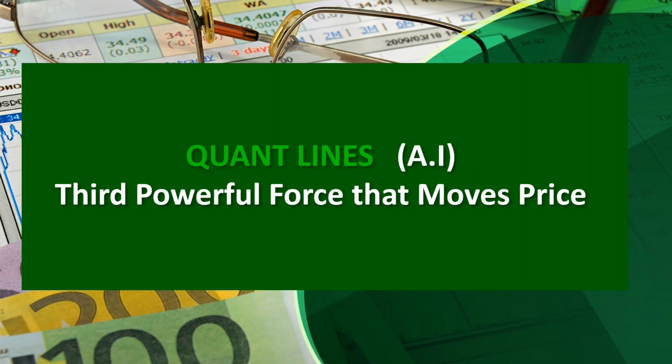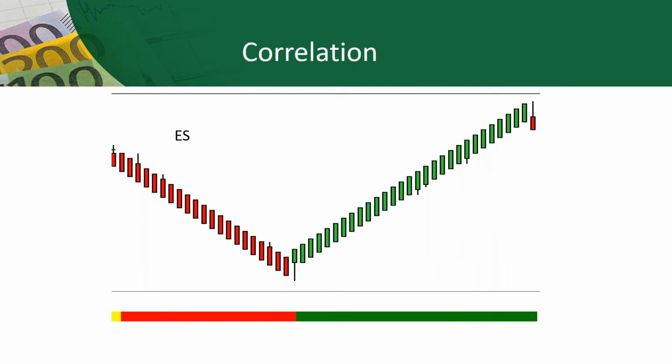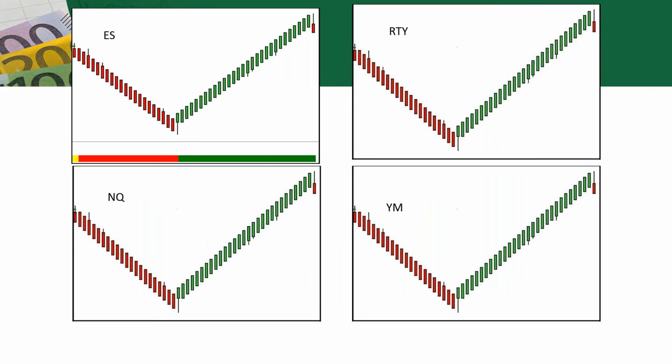Now we're going to talk about our quant lines, and that's the third powerful force that moves price. So what do our quant lines do? They examine 28 market components, and they're examined by our AI system for correlation. Most people know what correlation means. It's pretty self-explanatory by its name. So let's say you have the ES going up, the RTY going up, NQ going up, and YM going up.